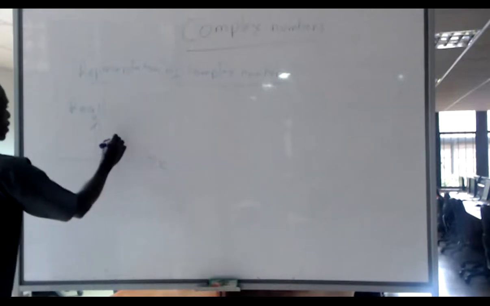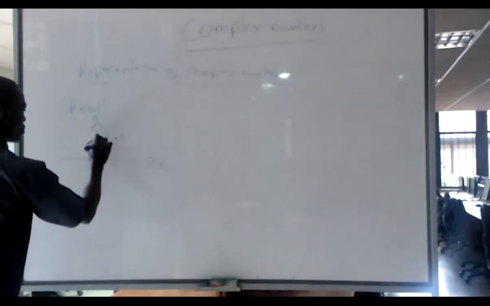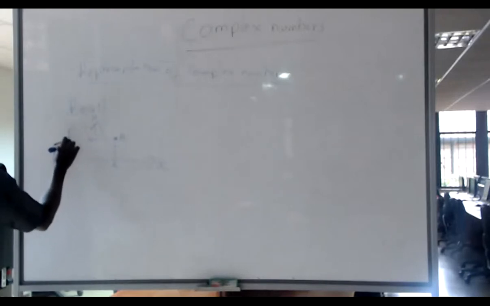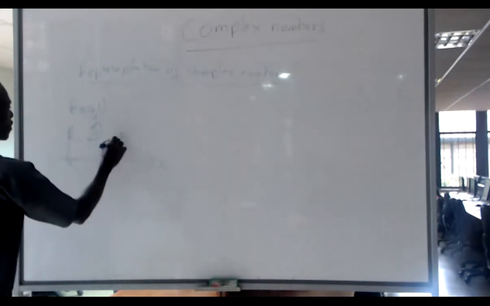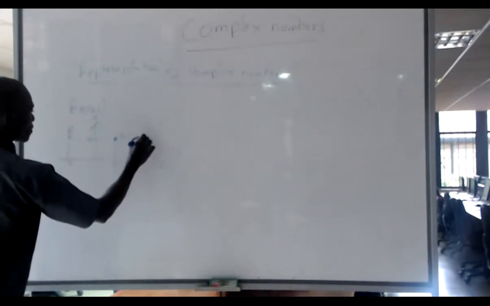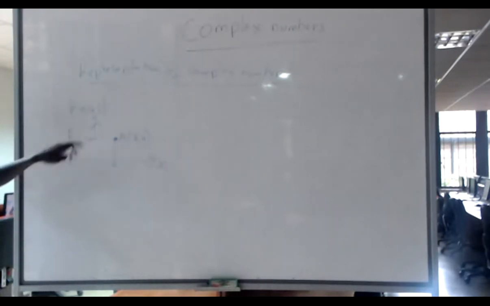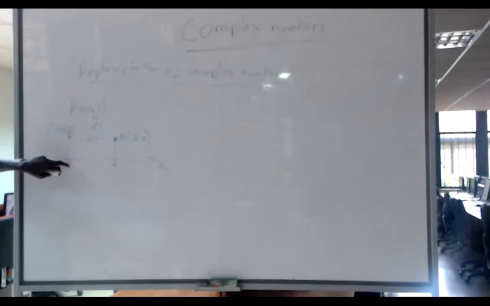If there is some point here, let's say A, where this is 2 and this is 4, and there's another point B, where this is -3 and this is 4, then you can refer to point A as (2, 4), where 2 is the x coordinate and 4 is the y coordinate. And you can refer to point B as (-3, 4), where -3 is the x coordinate and 4 is the y coordinate.